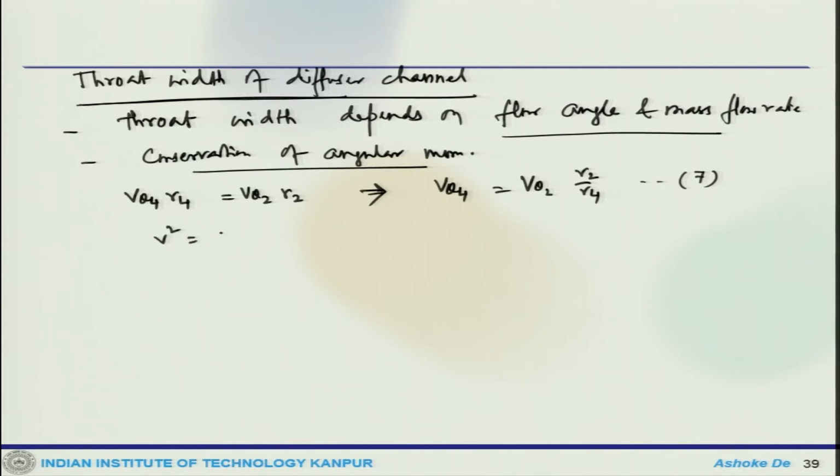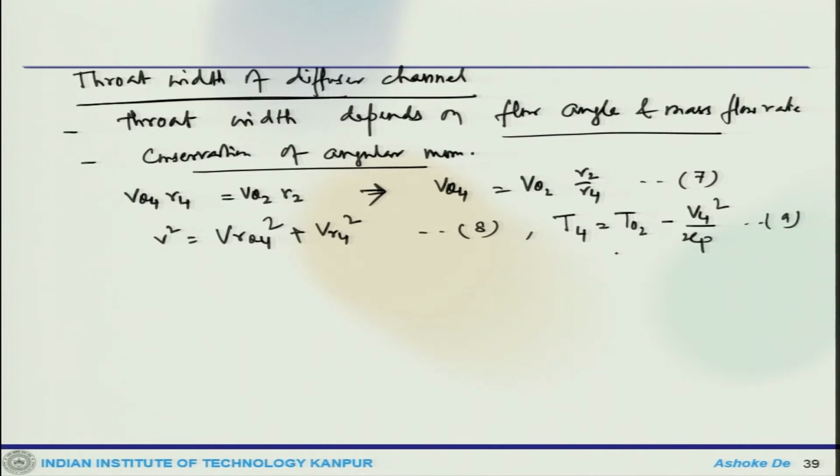Now, again V 4 square is V theta 4 square plus V R 4 square, and we can write T 4 is T naught 2 minus V 4 square by 2 C p, that is, let us say, equation. So, this is what we are writing, because again it is adiabatic.